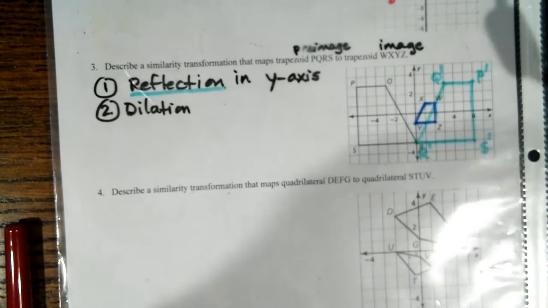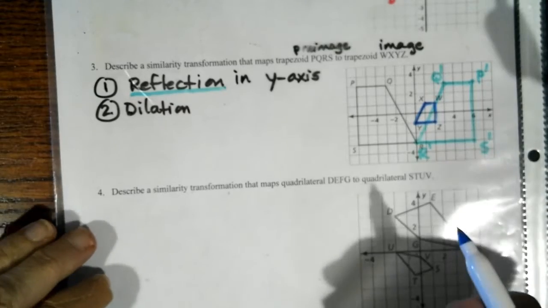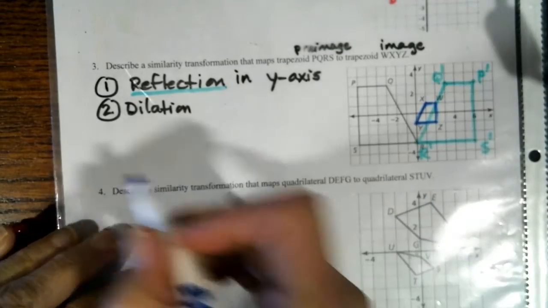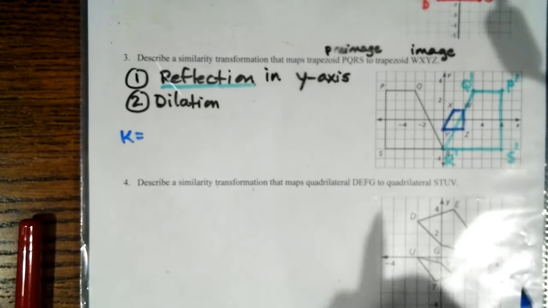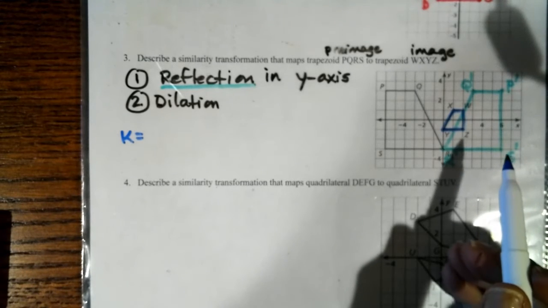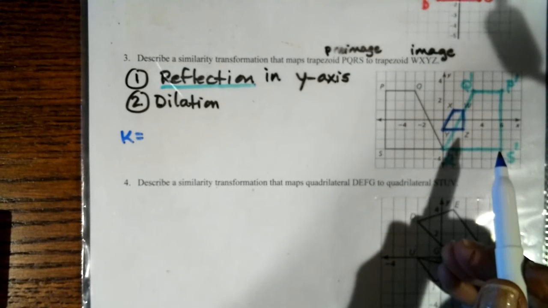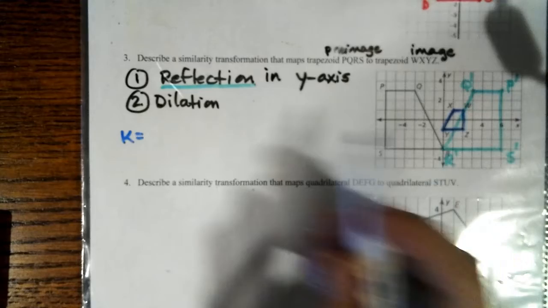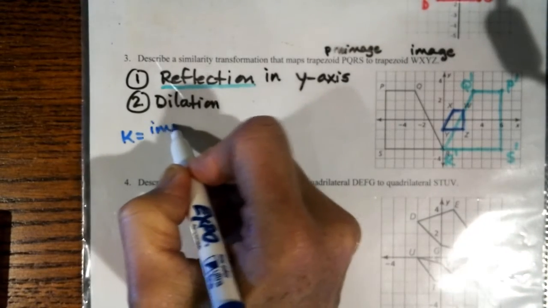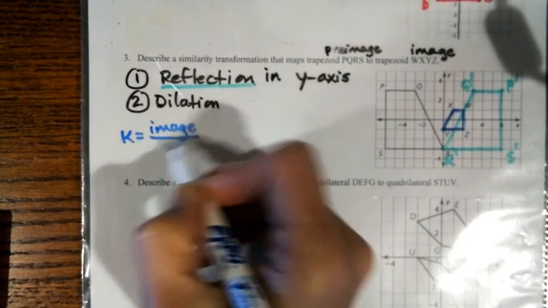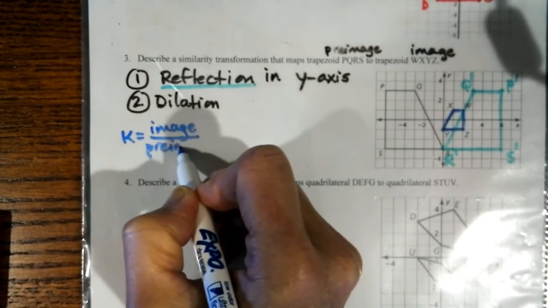Well, this is where your K comes in, because you figure out what your K is by comparing, remember, it's the image divided by the pre-image. That's our definition. And it can be any one of the sides.